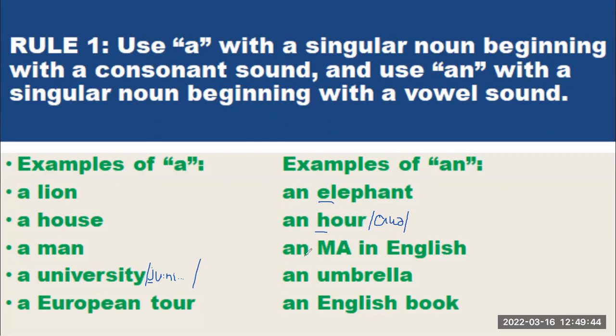The same thing here, even though you have a consonant letter, it is a vowel sound. An MA. So when you talk about MA, M and M, all right.